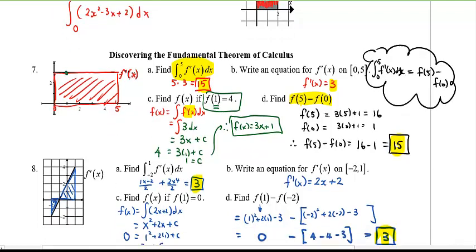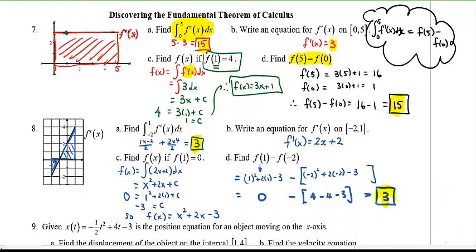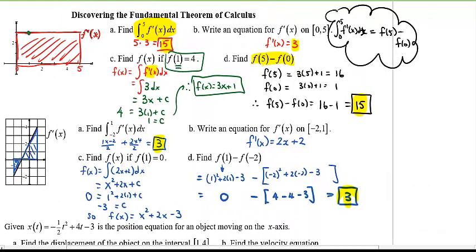Is that the same in number 8? I hope so, because look at this. Definite integral of a derivative equals the function plugging in the values of the limits. So notice that once again, the definite integral of a derivative equals the actual function evaluated at the upper limit minus the lower limit.